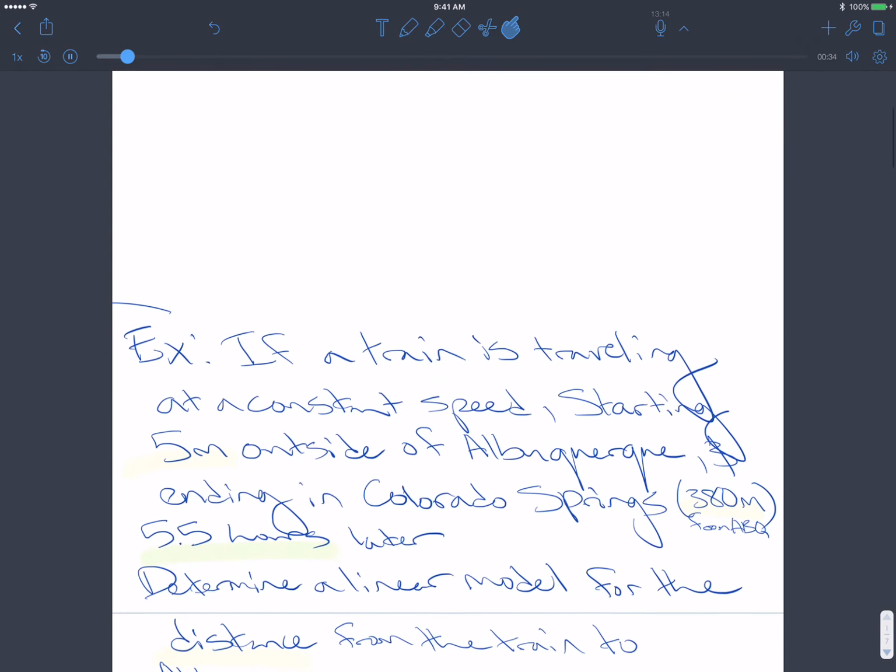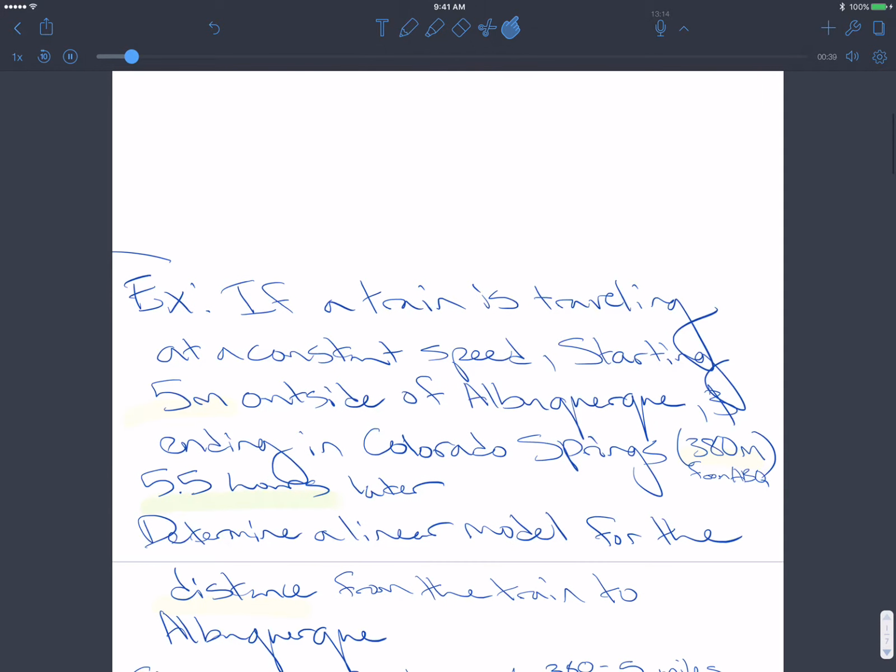So if we have a train that's traveling at a constant speed starting 5 miles outside of Albuquerque that is ending in Colorado Springs 5.5 hours later, determine a linear model for the distance from the train to Albuquerque, right? Our slope is our rate of change, so we know that this particular train is going to end 380 miles away from Albuquerque, and it starts 5 miles outside of Albuquerque.